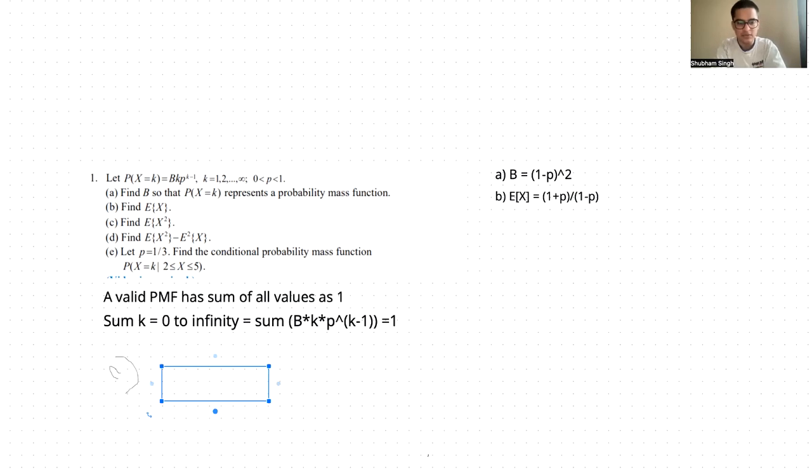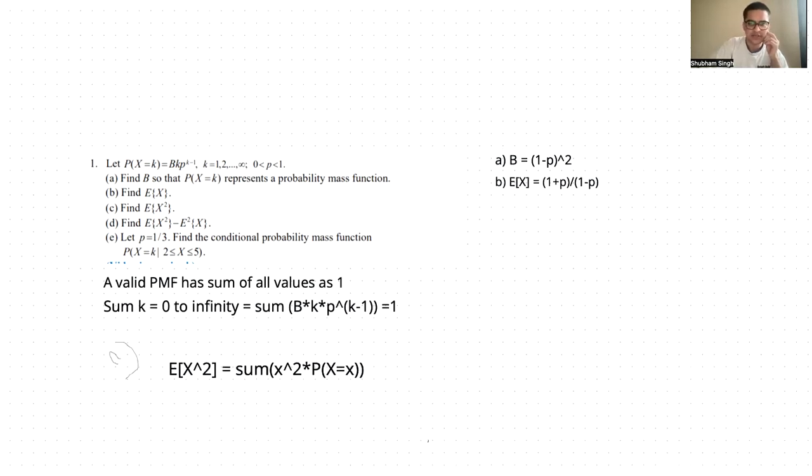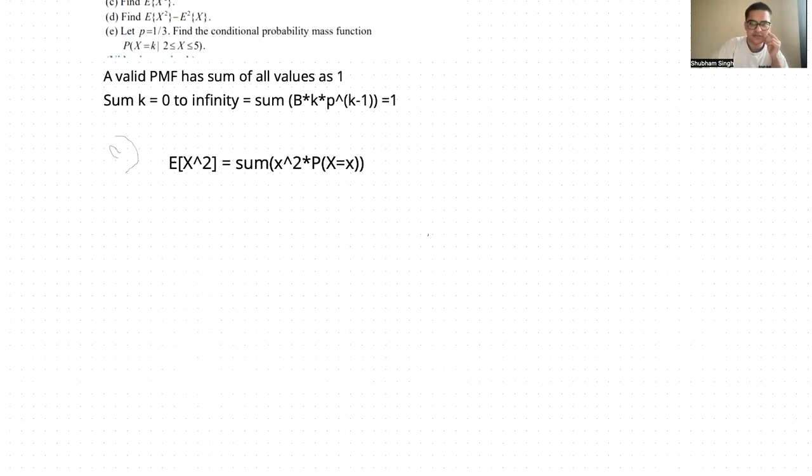So it would be x raised to 2 into P(X = x), and of course, not to forget the summation. Expectation of x squared is the summation of x raised to 2 into P(X = x).